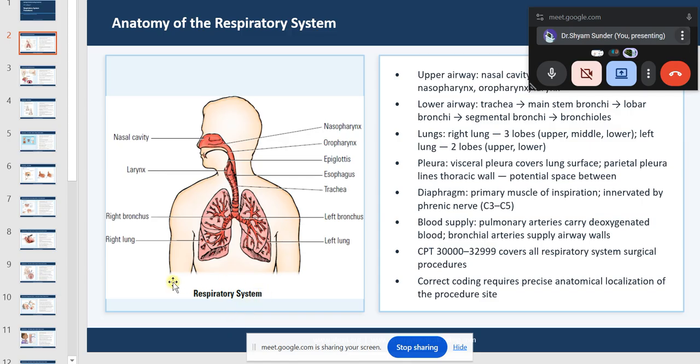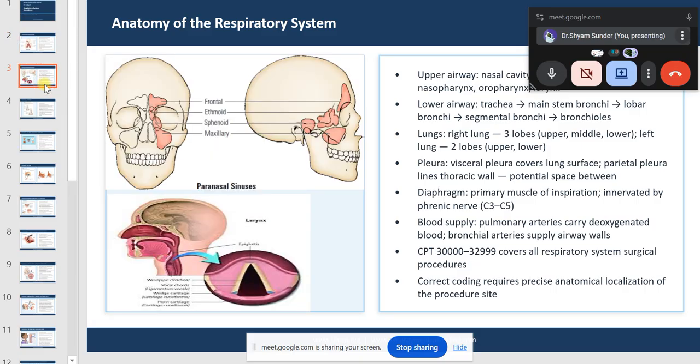Go through these different parts of the respiratory system, and especially in the nasal cavity in the head region, what we have is the paranasal sinuses. They are very important structures, hollow air-filled sacs within the bones.